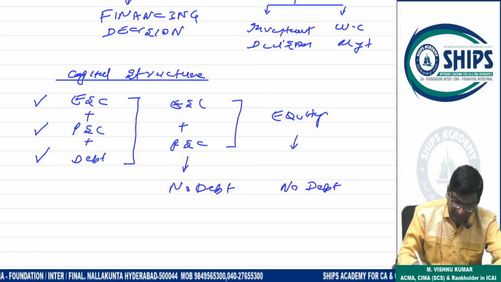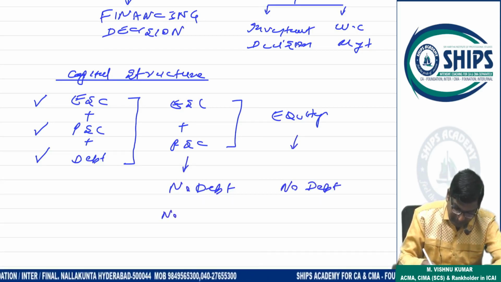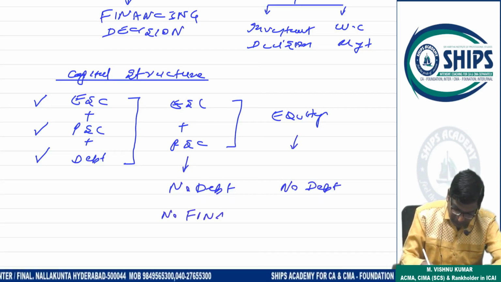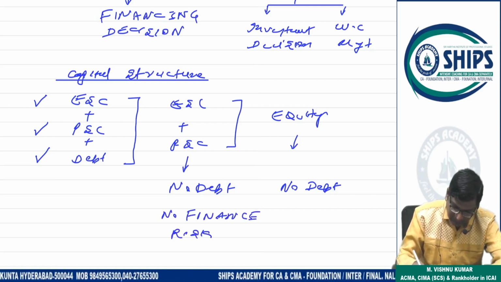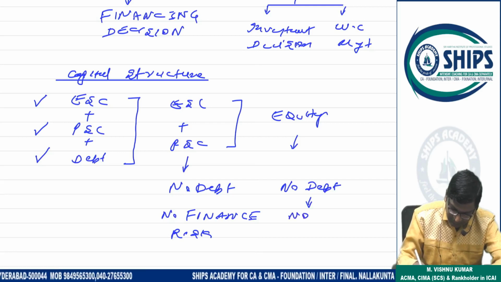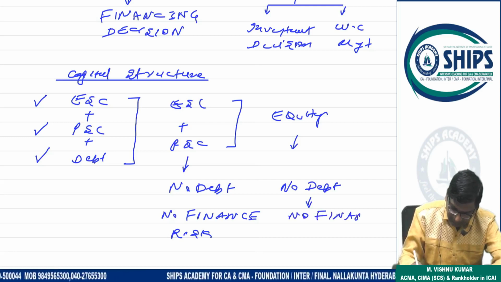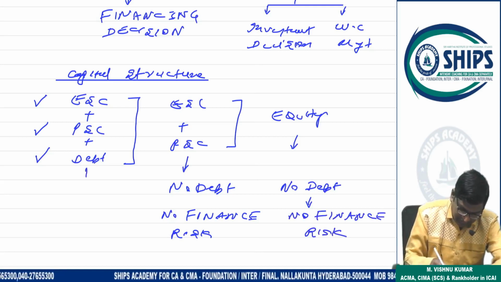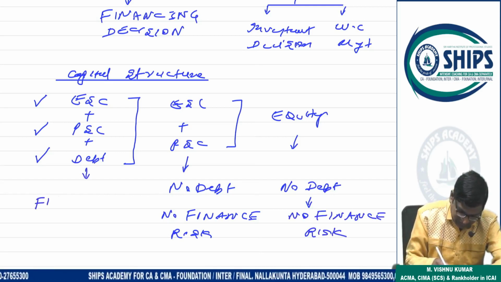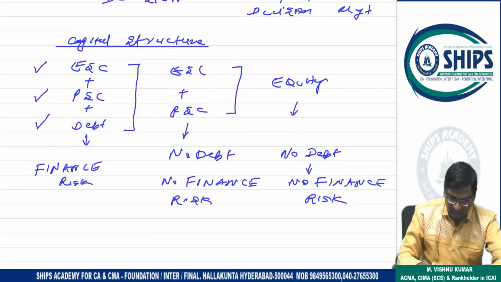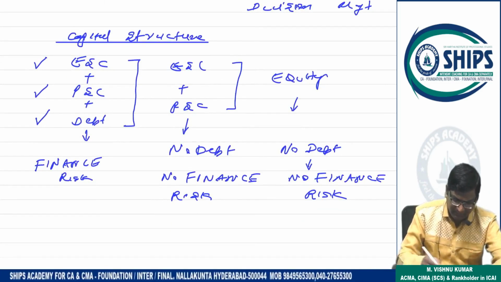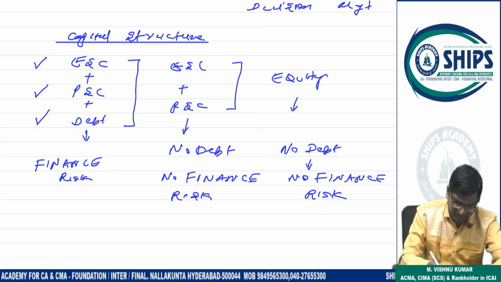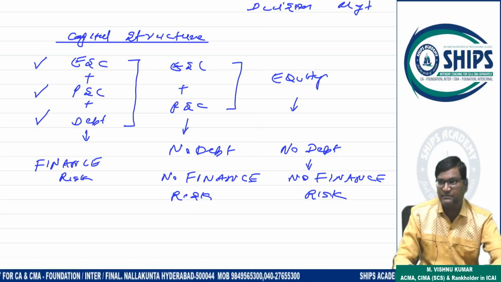Whenever there is no debt, there is no finance risk. Here also there is no finance risk. But here there is a debt, so here there is a finance risk. In very simple words, whenever there is a debenture in the capital structure, there is a finance risk.